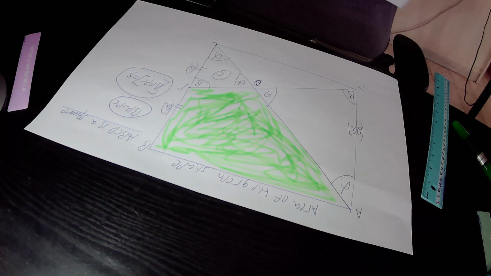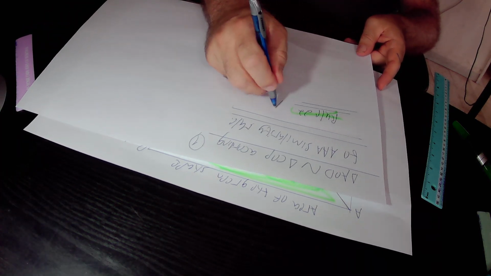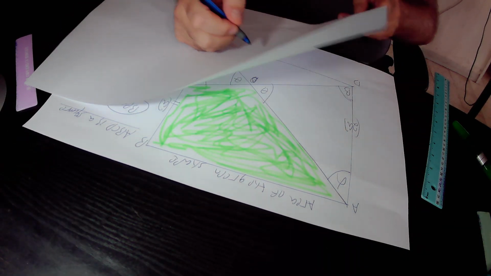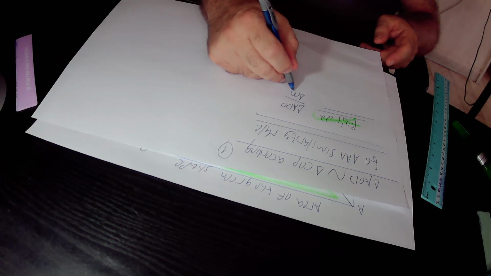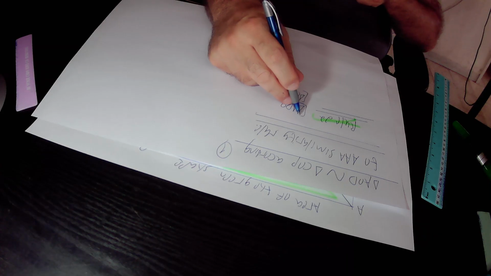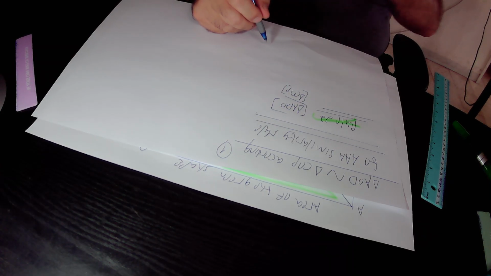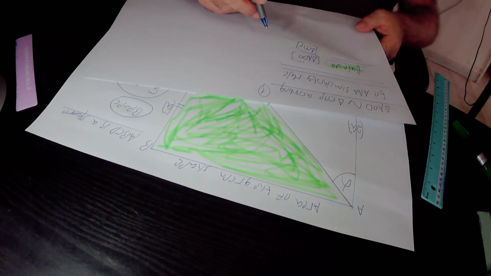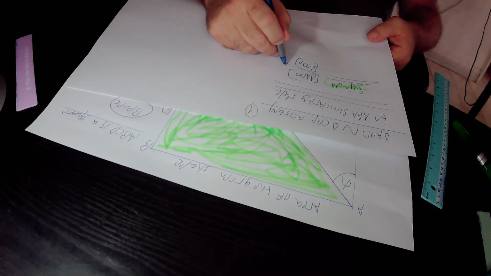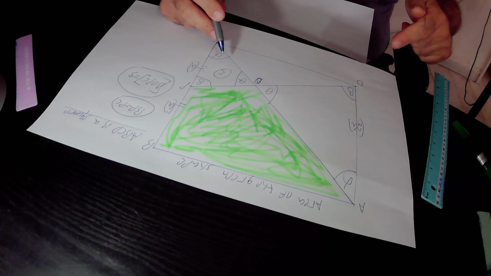That is the ratio between the areas of those two similar triangles, and that ratio is equal to the square of the ratio of their corresponding sides.